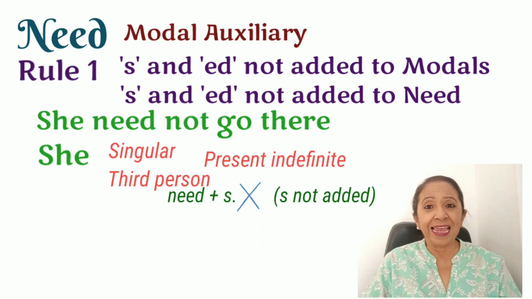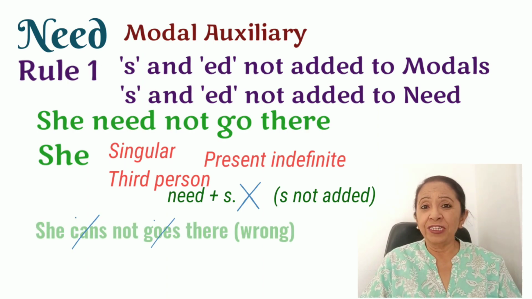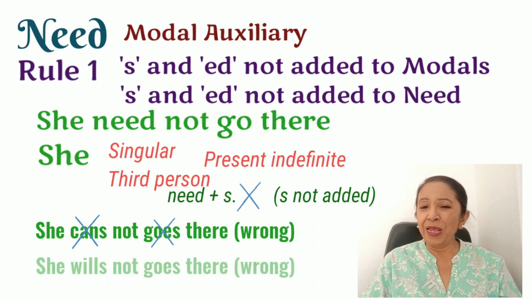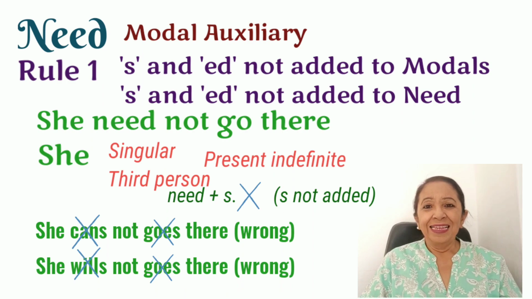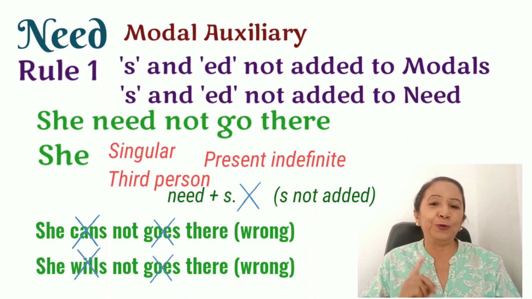We never say she can's not goes there or she wills not goes there. That sounds weird. Similarly, we never add s or ed with need when it functions as a modal auxiliary. Right? That's the first rule.